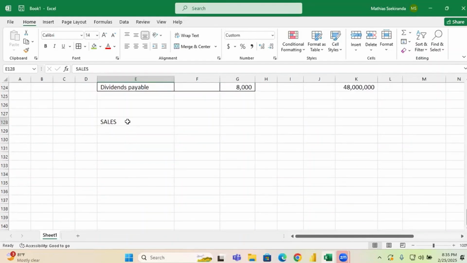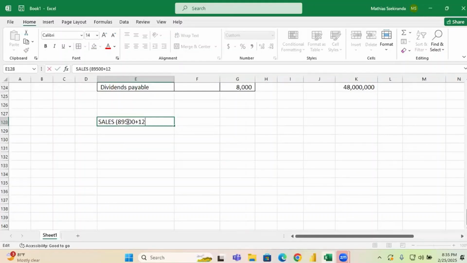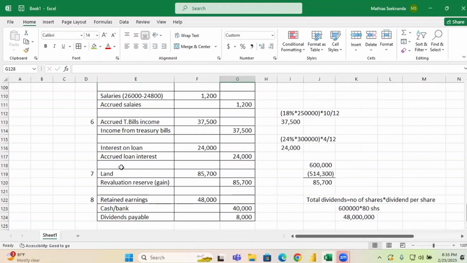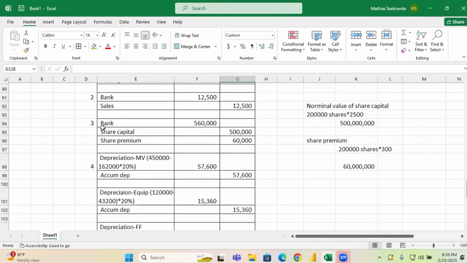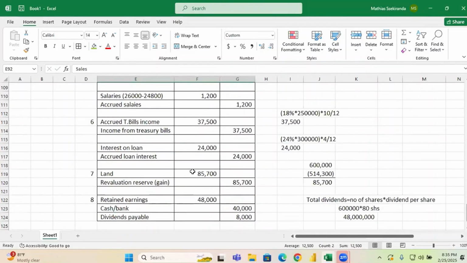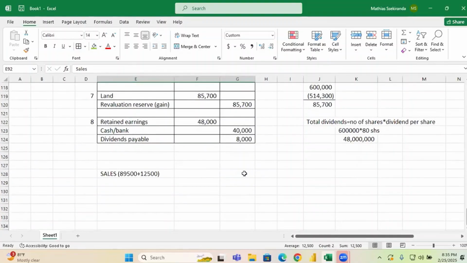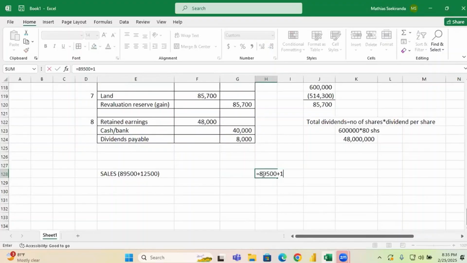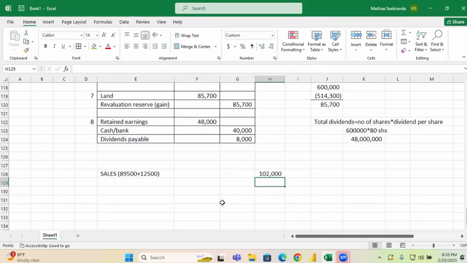Therefore, our sales are the figure that they gave us in the trial balance plus the adjustment, note number 2. We debited the bank and credited sales. There are some sales that they had not considered. So our total sales become 890,500 plus 12,500.